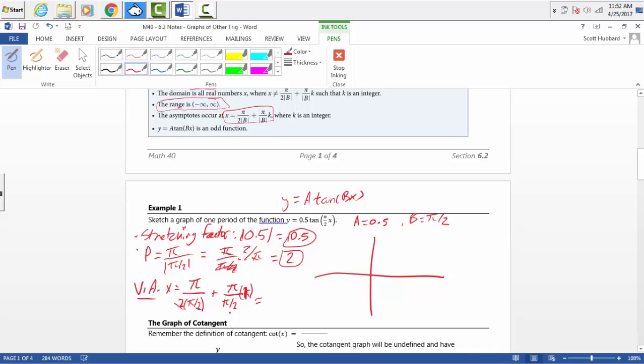The 2's cancel, and I'm left with pi over pi plus pi times 2 over pi, so that's 1 plus 2, which is 3. So I have an asymptote at 3. If I let k be 0, this is just pi over pi, which is 1, so I have another asymptote there. So in this problem, I have asymptotes at negative 1, 1, 3. Okay, that's the pattern.